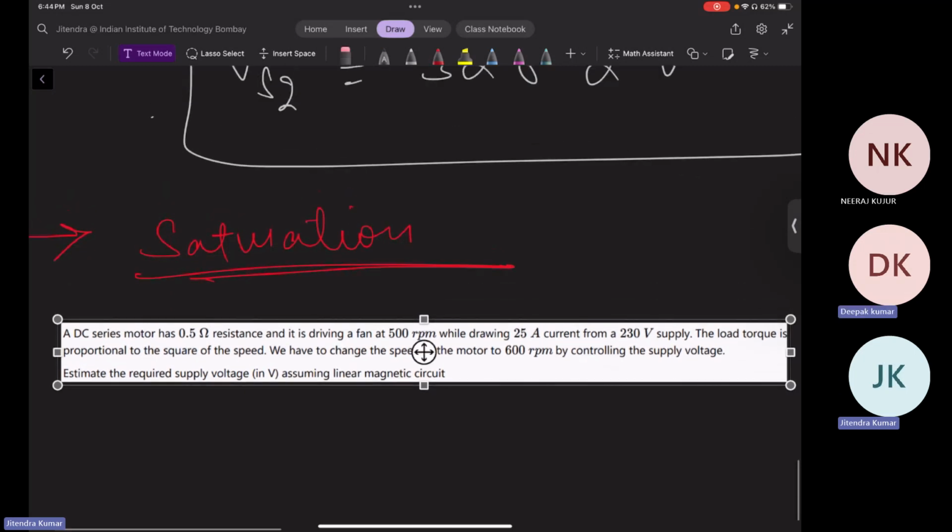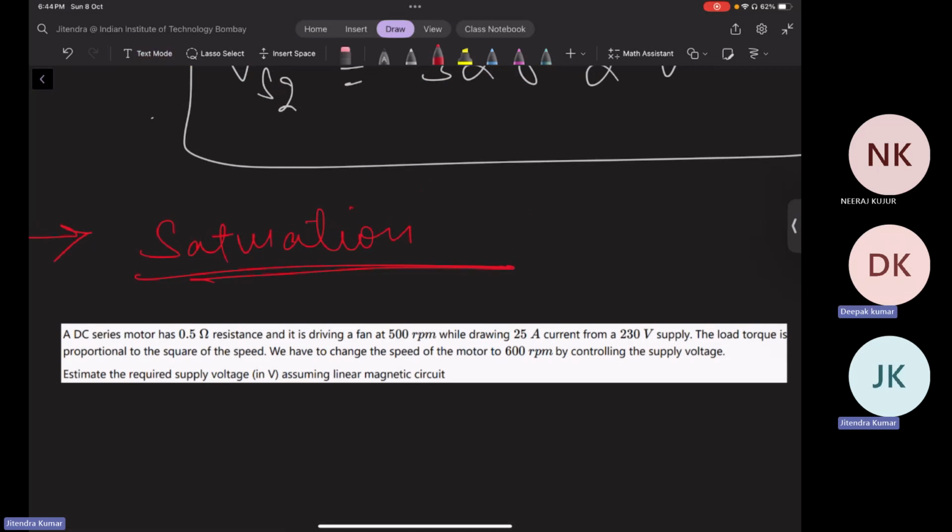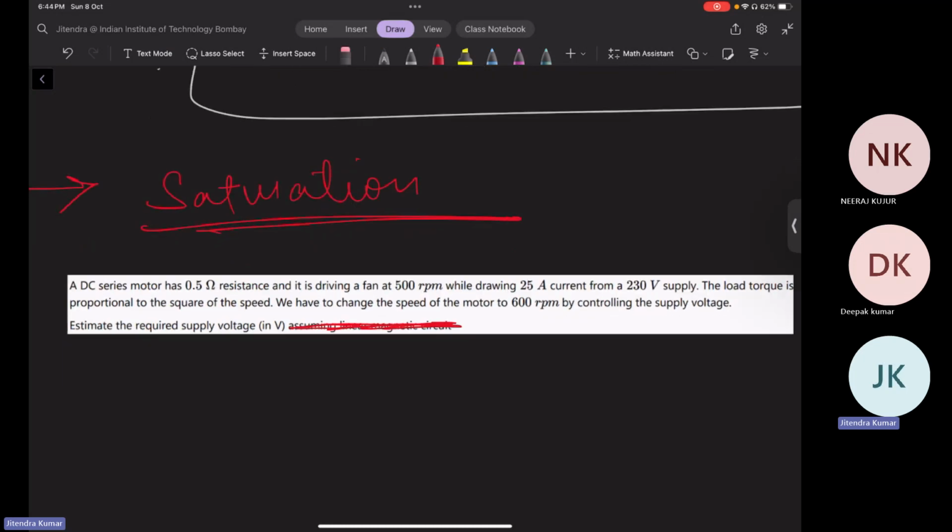So this condition is changed. This is not anymore valid. So again, we have to find out the back EMF, that's for sure, because we have to calculate the voltage.